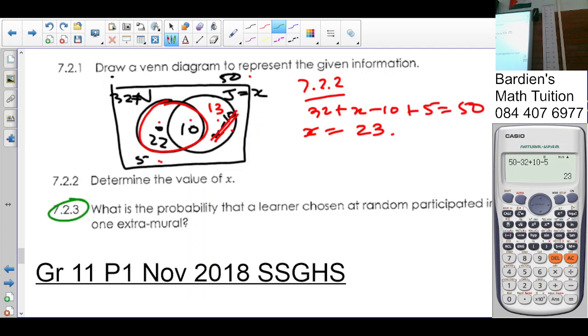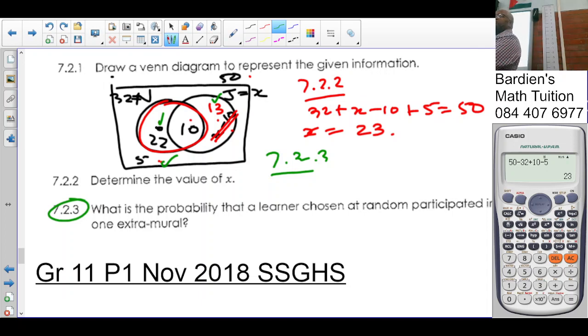7.2.3 says, what's the probability that the learner chosen at random participated in at most one extramural activity? At most. So which categories do we look at here? It's going to be 22, 13, and 5. So 1 and less.